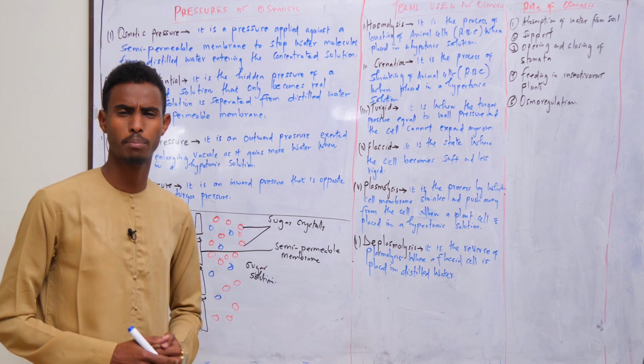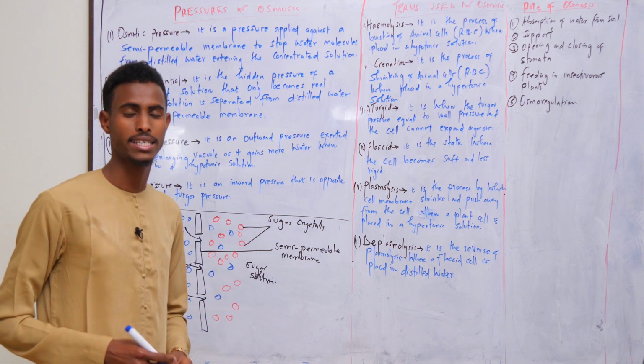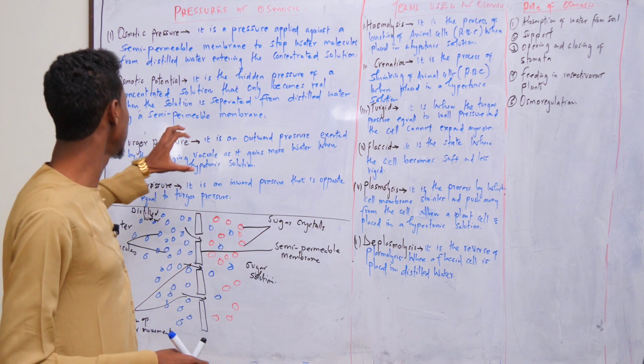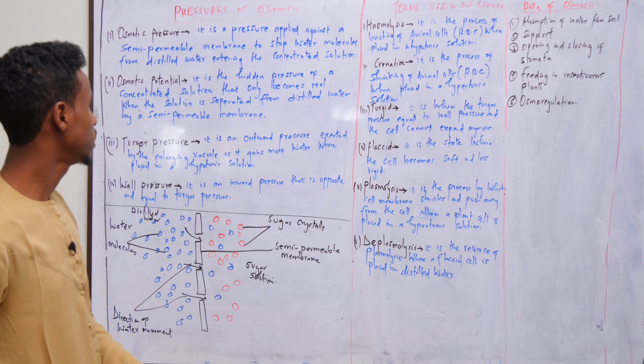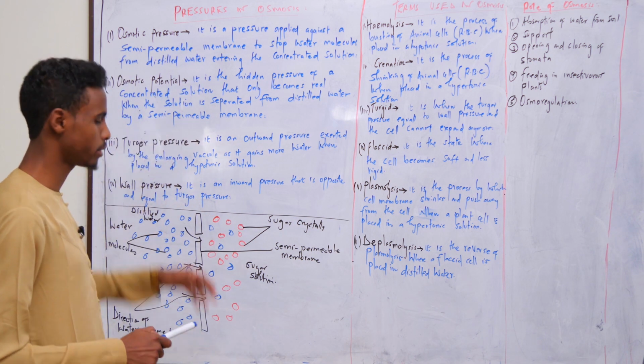Now let's look at another pressure known as osmotic potential. Now osmotic potential class is the hidden pressure that only becomes real when a concentrated solution is separated from distilled water by a semi-permeable membrane.